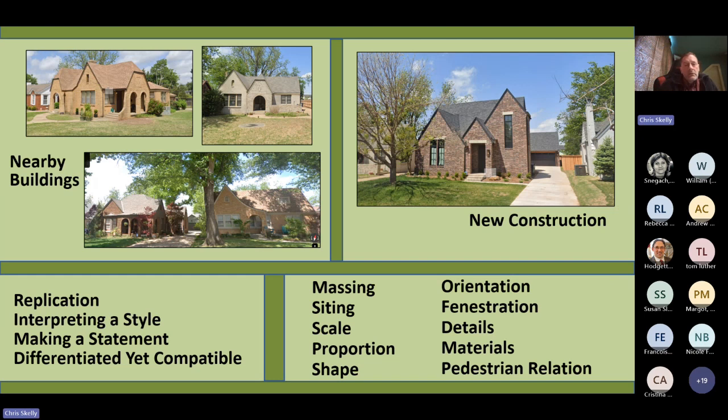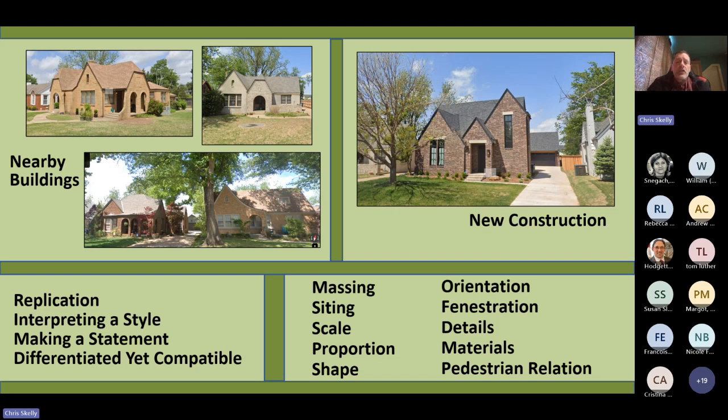This is another one, maybe a little bit harder to define in terms of those philosophies. Nearby buildings you can see over to the left-hand side, and then the new construction off to the right-hand side. Did they try to replicate the neighborhood buildings? No, they weren't trying to replicate them. Did they try to interpret the style? I would say, yeah, there's an interpretation of the style here. Are they making a statement?